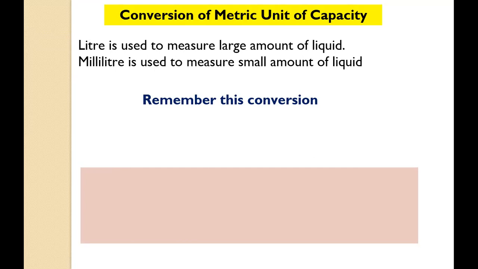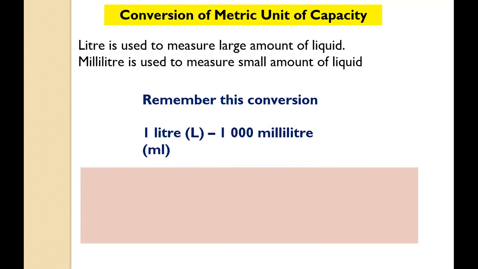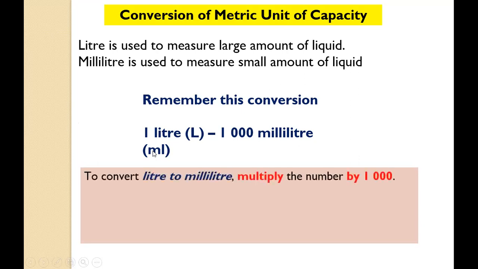When we are converting, it is the same thing as when we converted length and mass. These are the things you are going to remember. So 1 liter, the abbreviation is L, is 1000 milliliters, abbreviated ml.